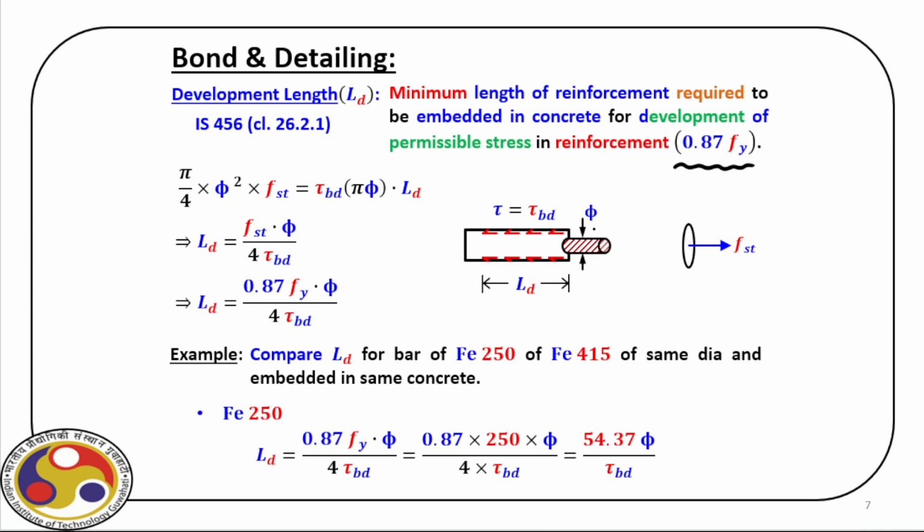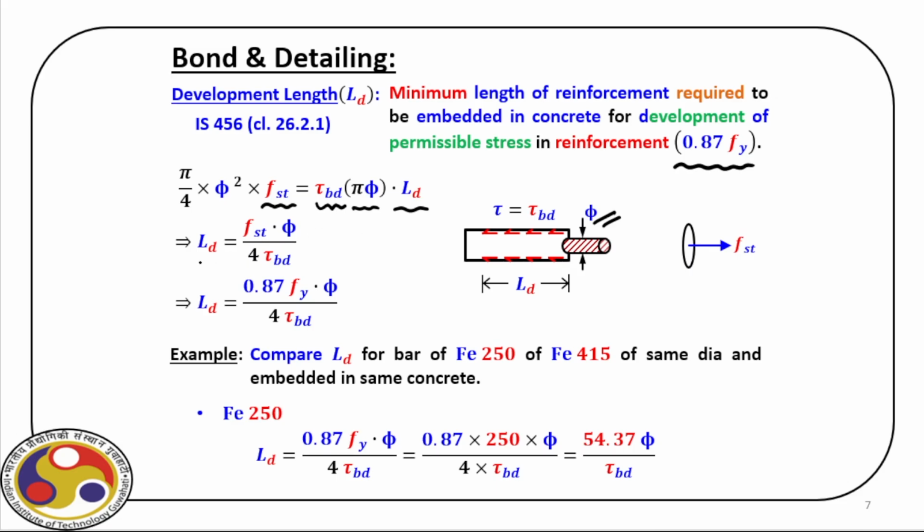Now obviously if we have a bar diameter, as you can see here, then pi d square by 4 is the cross sectional area, times FST, that is the stress at the end of the bar, is equal to tau BD, that is the bond strength, times pi d, that is the perimeter, times LD, is the total force developed.